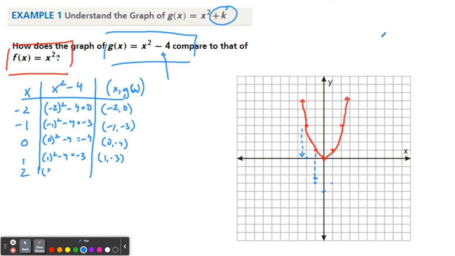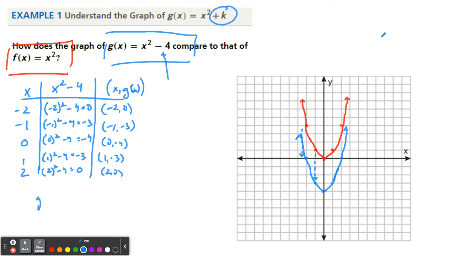And when you plug in 2, you're going to get 0. 2 squared is 4, and 4 minus 4 is 0. So 2, 0 is also on there. You can see that all 5 of those points on the red graph shifted down 4 to create this new parabola. It should look the same width. That doesn't change; the only difference is that it shifted down 4.